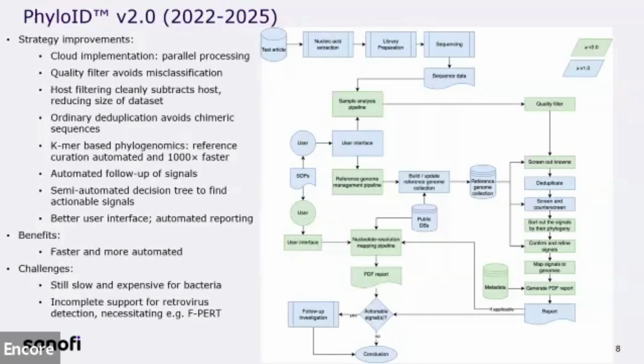The K-mer-based phylogenomics, super fast. Automated follow-up of signals, and a semi-automated decision tree. So you're going to see more of that. The decisions that we had enough experience on to be confident should be thresholds, et cetera, we put into the pipeline. And of course, more user-friendly.